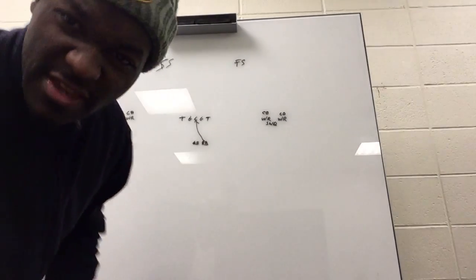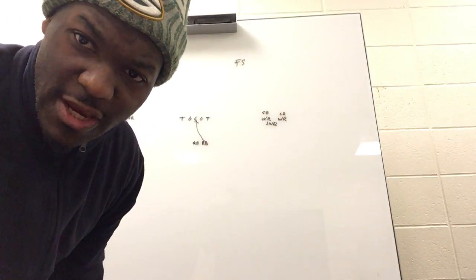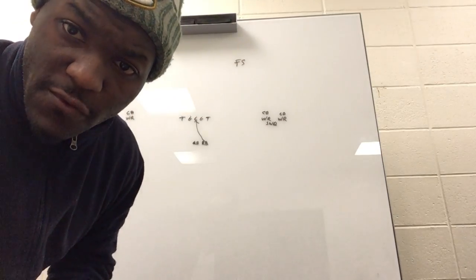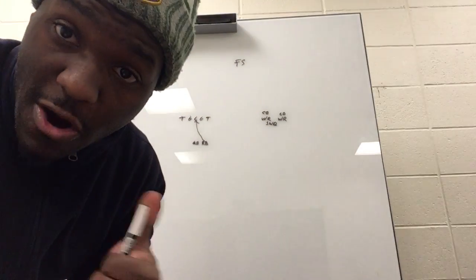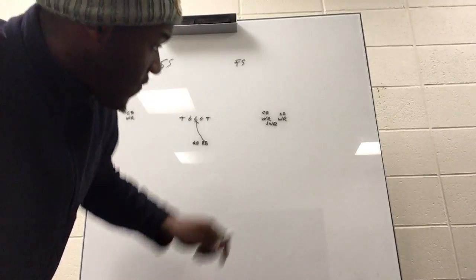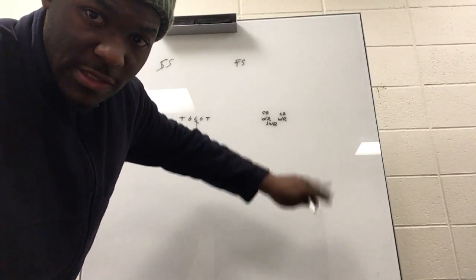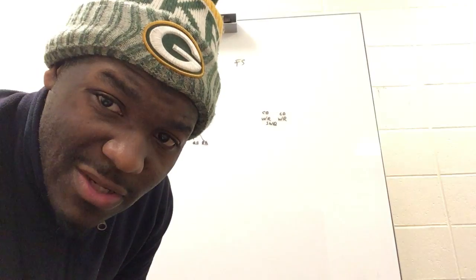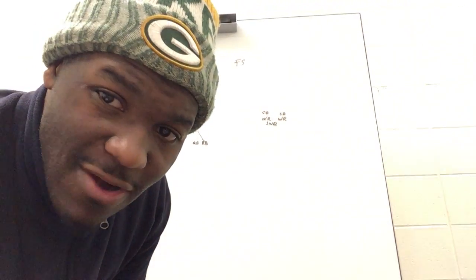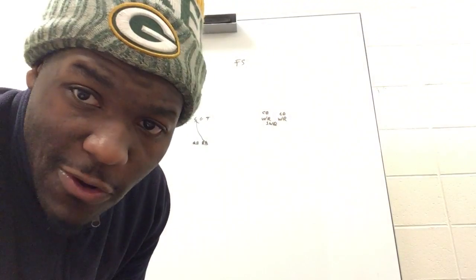Now, I'll give you a little scenario. Let's say you keep gashing them for an excellent amount of yards on the runs from formations similar to this. And the defensive coordinator says, that's BS. They're not going to pass the ball. This is going to be a run.